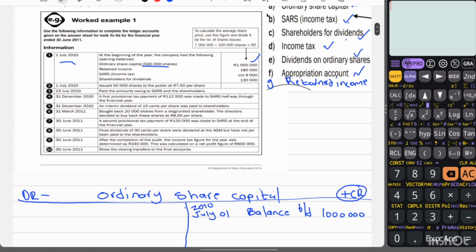All right, now let's continue with our balances. SARS income tax. When it comes to this one, you must check here. I think here they made a mistake. They were supposed to say CRJ, not CT. Now the balance under SARS income tax, we are given, and the balance is what now? It's a credit balance.